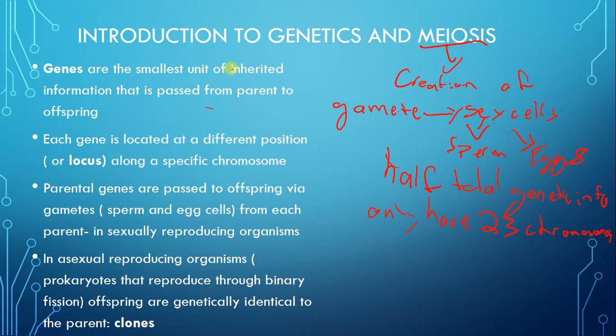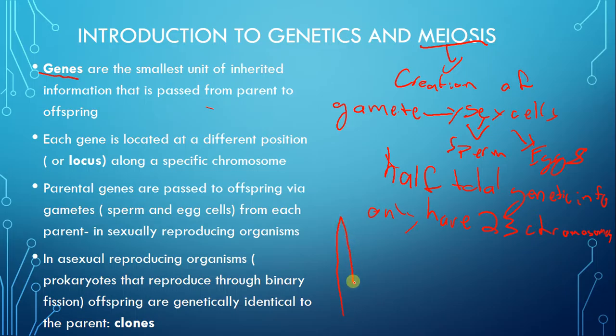And what the sperm and egg cells do is carry genes. So these are the smallest unit of inherited information that's passed along from parent to offspring in sexually reproducing organisms. So each gene is located at a different position or a locus along a chromosome.